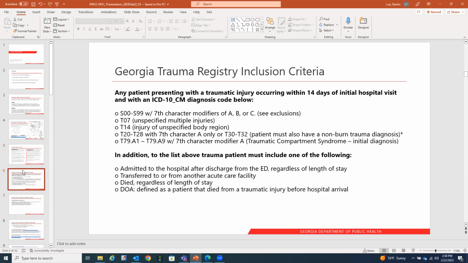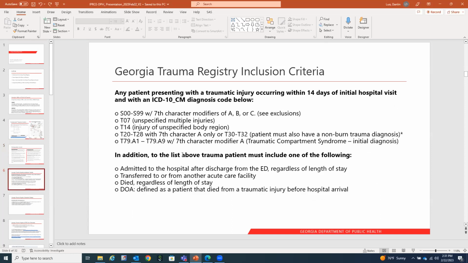The trauma registry has inclusion criteria. Any patient presenting with a traumatic injury occurring within 14 days of the initial hospital visit and with an ICD-10 diagnosis code below here.